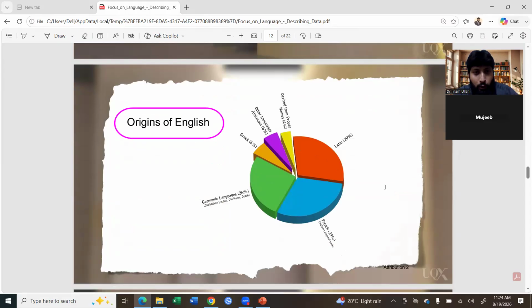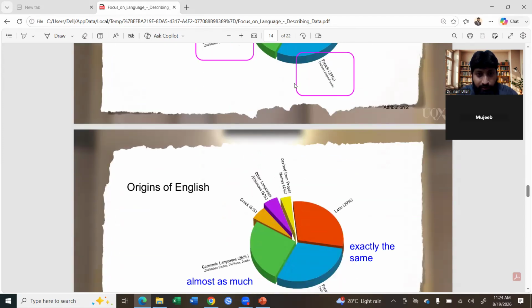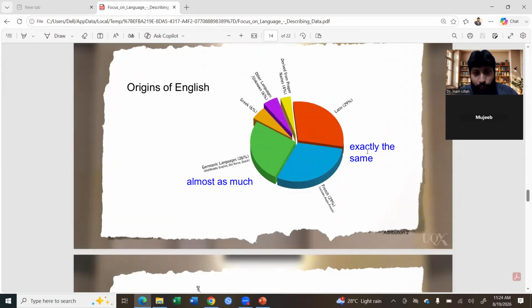Now look here. We have a pie chart. We discussed it yesterday, origins of English, right? And we have discussed the pie chart. This is the data: Latin, French, Germanic languages, Greek, other languages, etc., right? Now look at these words. Exactly the same. Latin 29%, French 29%.